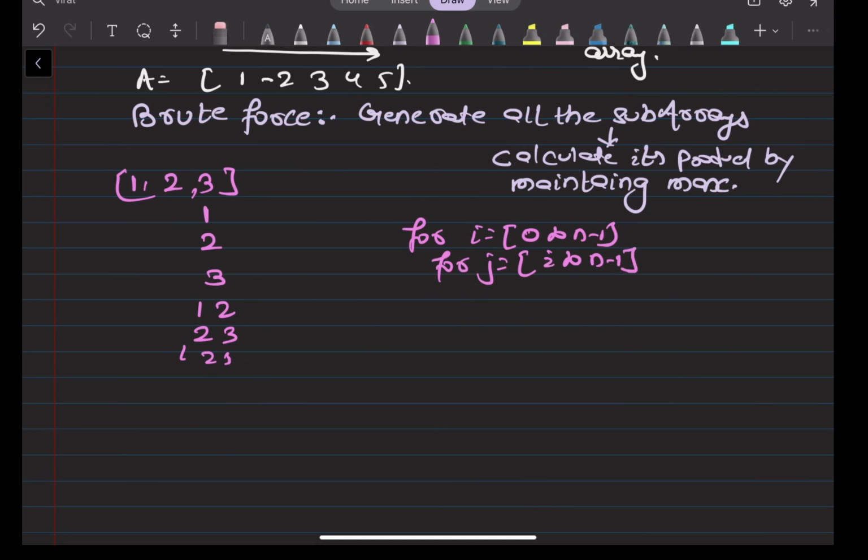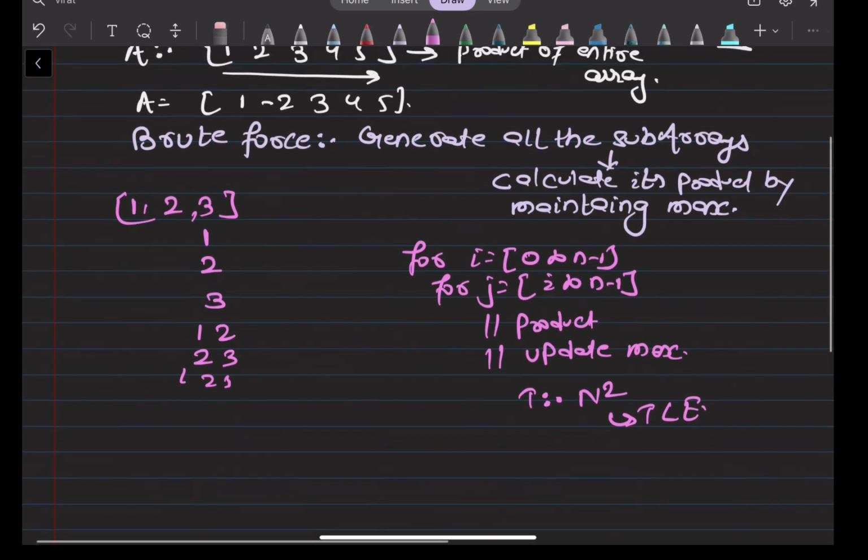In this we generate all the possibilities, calculate the product, and update our max also. In this case, the time complexity will be n square, and this approach will not work, it will give us TLE. So generating all subarrays, calculating the product, and maintaining the max will cause TLE.